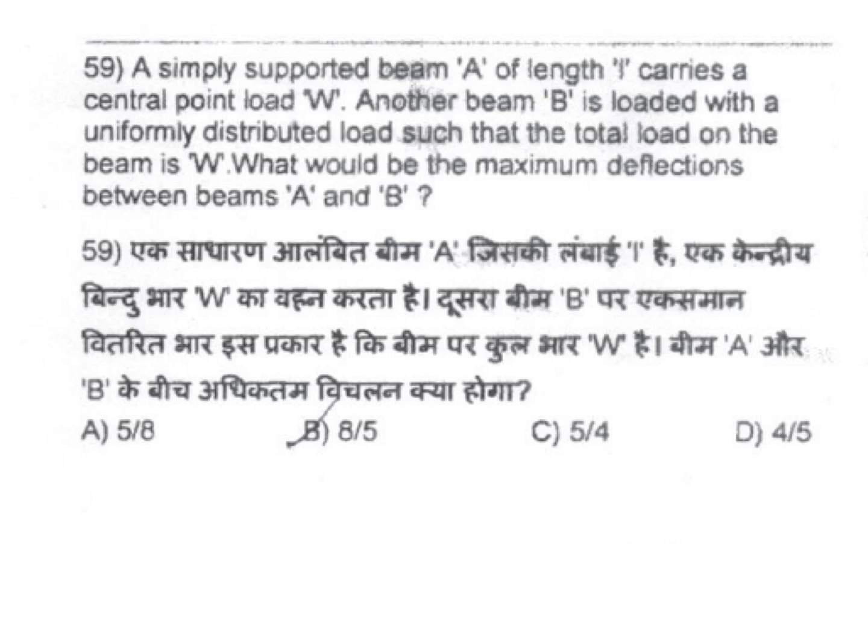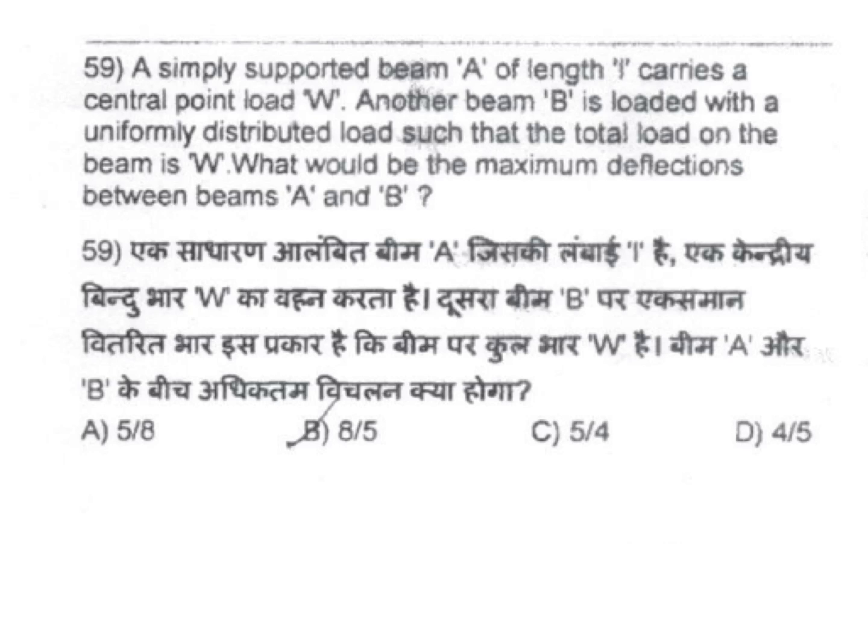In this question, a simply supported beam A of length L carries a central point load W. Another beam B is loaded with a uniformly distributed load such that the total load on the beam is W. What would be the ratio of maximum deflection between beams A and B?